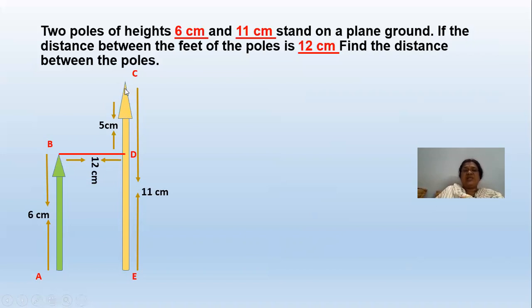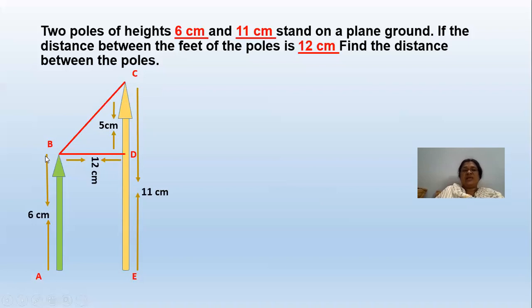The height of CD will be, when you subtract AB from CE, you will get CD, isn't it? Therefore, 11 minus 6, you will get 5 centimeters here. So what do you have to find out? The distance between the tops of the poles, that is CB. When you closely observe this diagram, you can see one right angle triangle formed here.